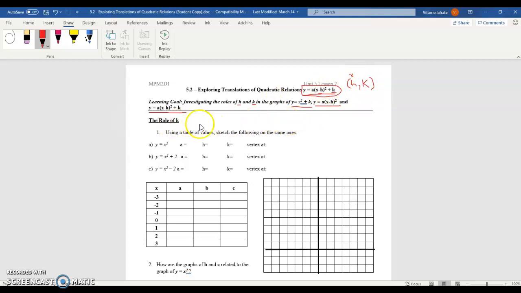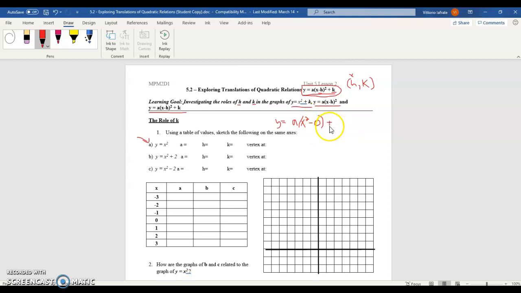So we're going to start off with the role of k in examples like this over here. What you have here are some quadratic relations, and they are technically in the vertex form, but their vertex form would look something along the lines of this. They would have y = a(x − h)² + k, but in this case their h is 0.